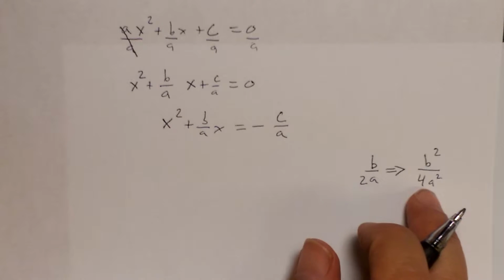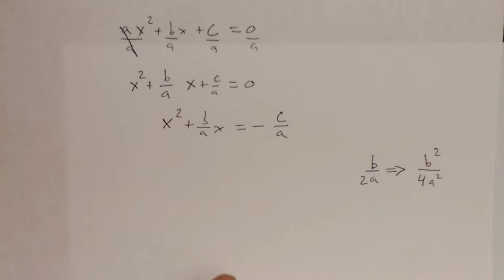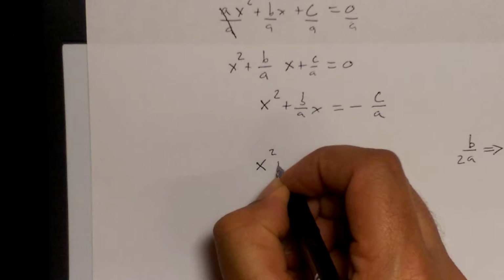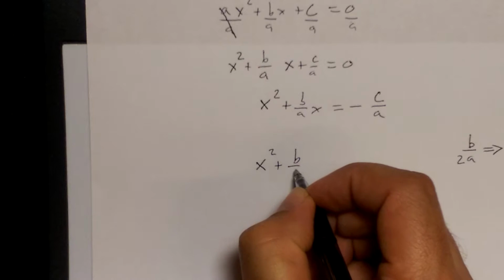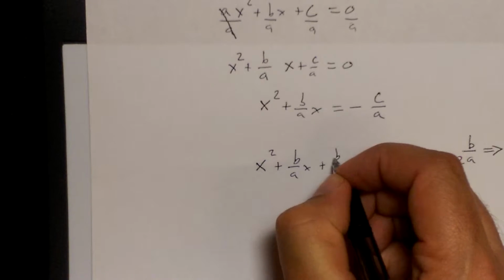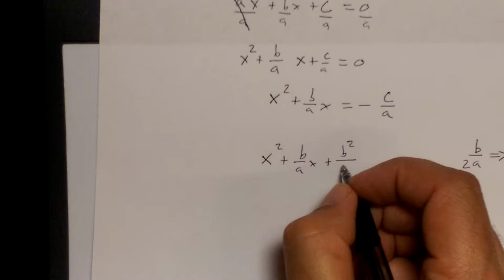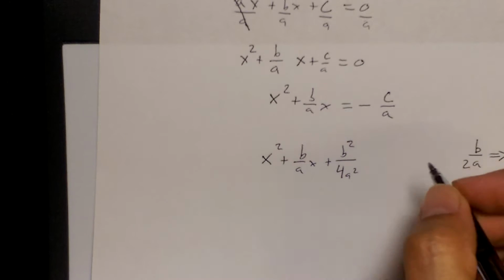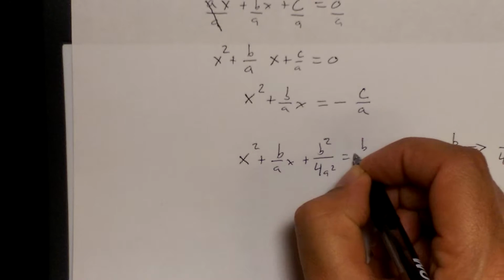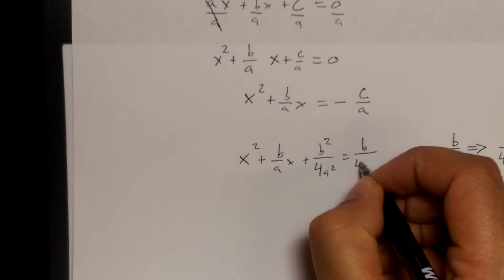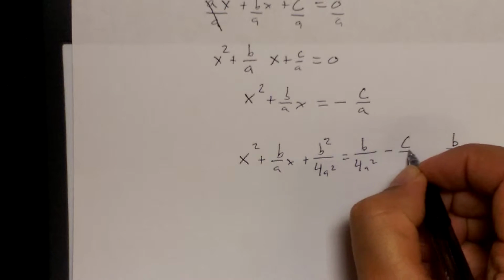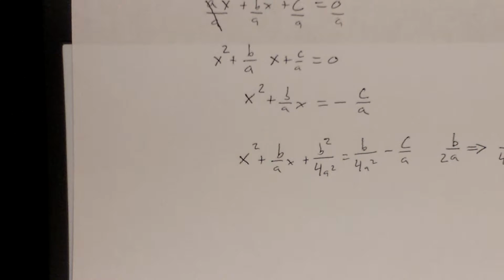Now we have to take this, and we're going to add it to each side of our equation. So we have x squared plus b divided by a x plus b squared over 4a squared equals b squared over 4a squared minus c over a.